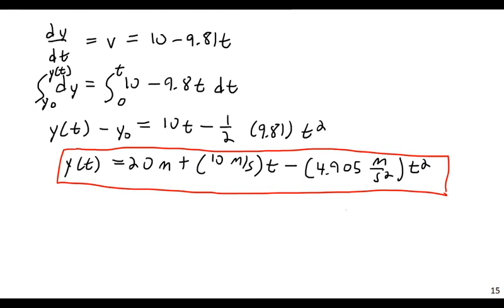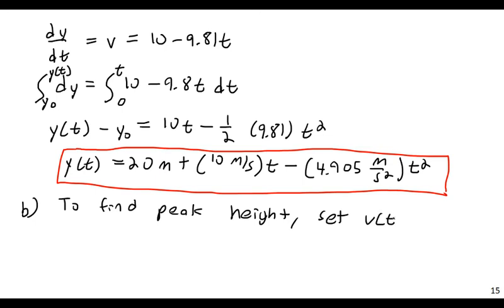Okay. Then the rest is fairly straightforward. So that was the conclusion of part A. Then part B, if I want to find where the velocity equals 0, so to find peak height, set v of t equal to 0 and solve for t, and that will simply be, well, I think you can handle that.